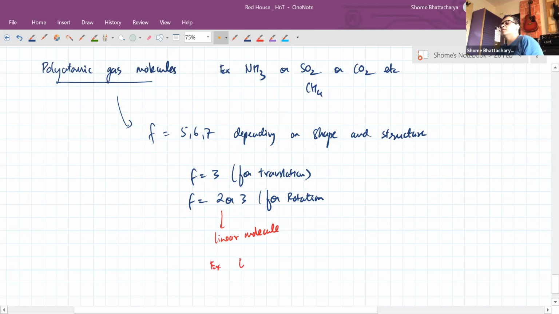Example, carbon dioxide. But 3 in the case of more complex molecular shape, 3-dimensional kind of shape. Like for example, methane gas, tetrahedral. So they are almost like rigid bodies, the molecules.